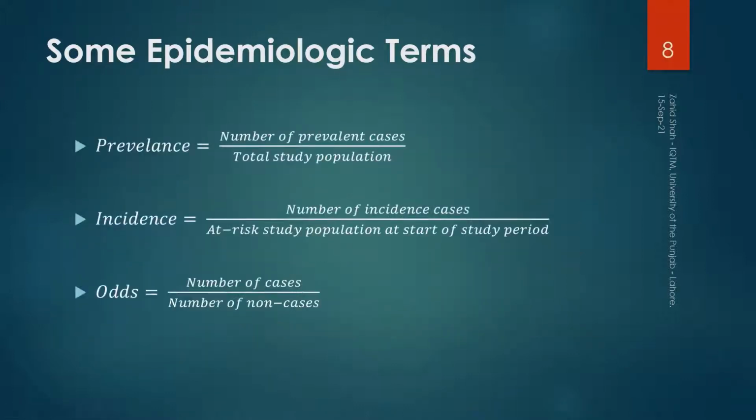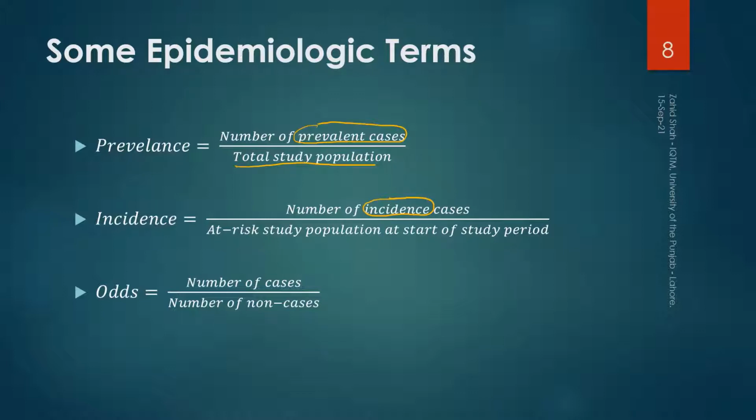So here are the formulas. Prevalence is the number of prevalent cases, that is total number of cases of a certain disease or disorder divided by total study population. Generally, it is expressed as a percentage. Incidence is the number of incidence cases, or you can say the new cases, during a certain period of time.